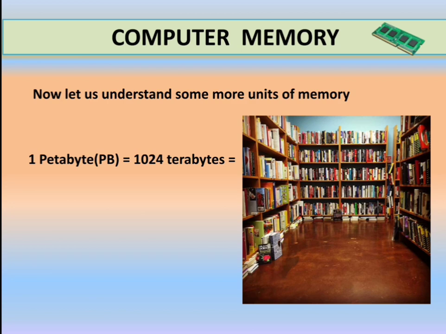Likewise for 1 petabyte, which is equal to 1024 terabytes, and it is approximately equal to a room full of books. To store all the characters written inside the books present in your room, a computer requires 1 petabyte of memory.